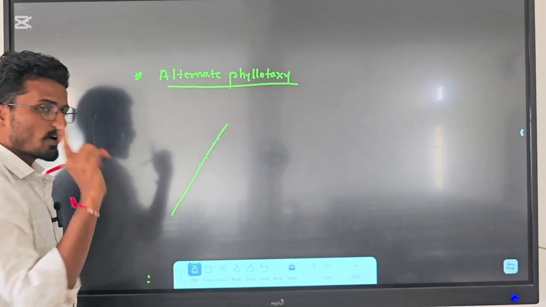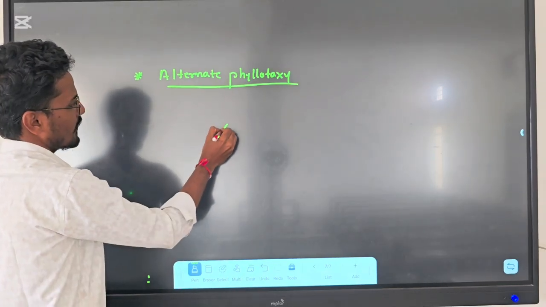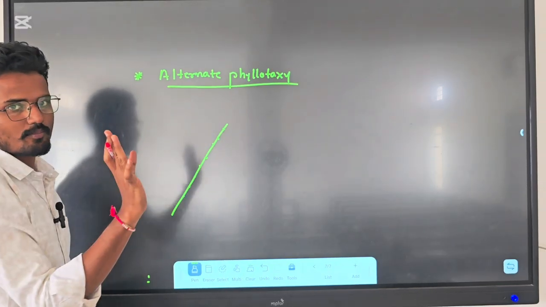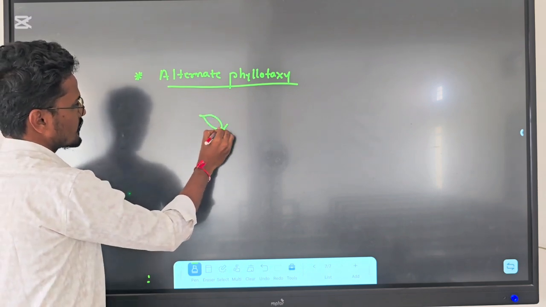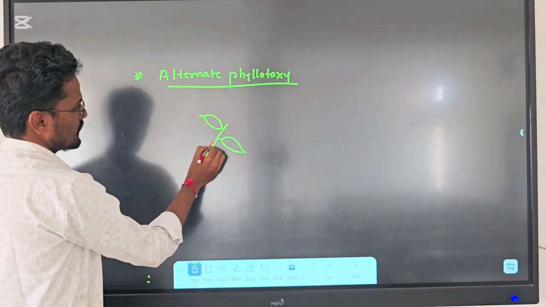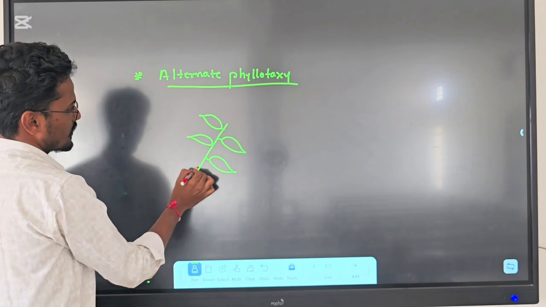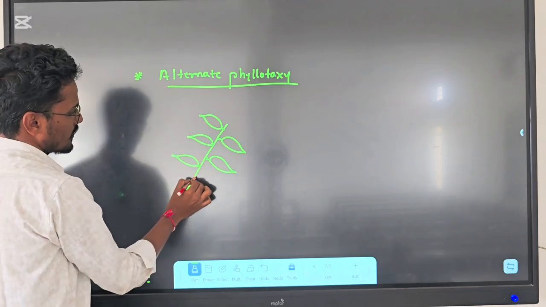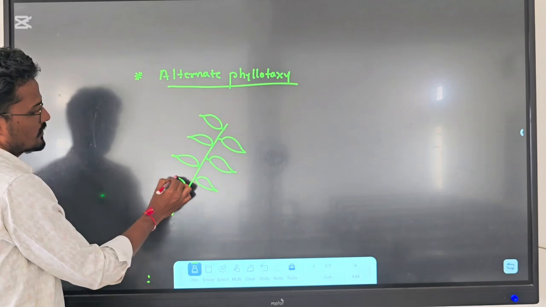From one node, one leaf arises, and that type of arrangement of leaves is called alternate phyllotaxy. See here, this is one leaf, the second leaf is from here, the third leaf is from here, the fourth, fifth, sixth, and seventh from here.